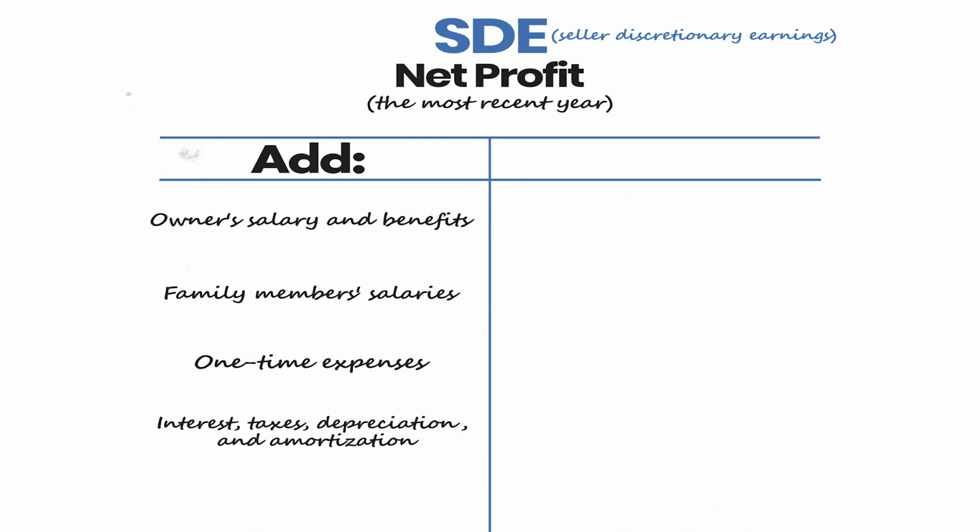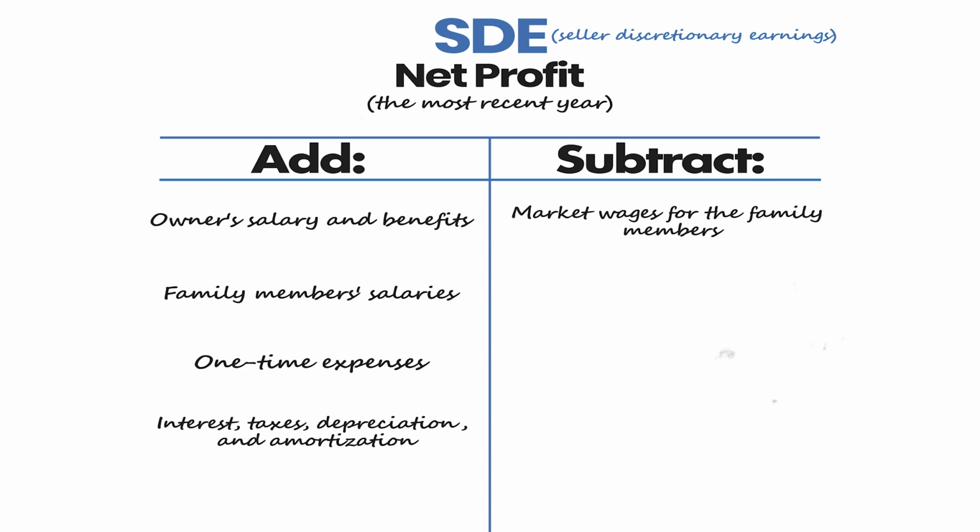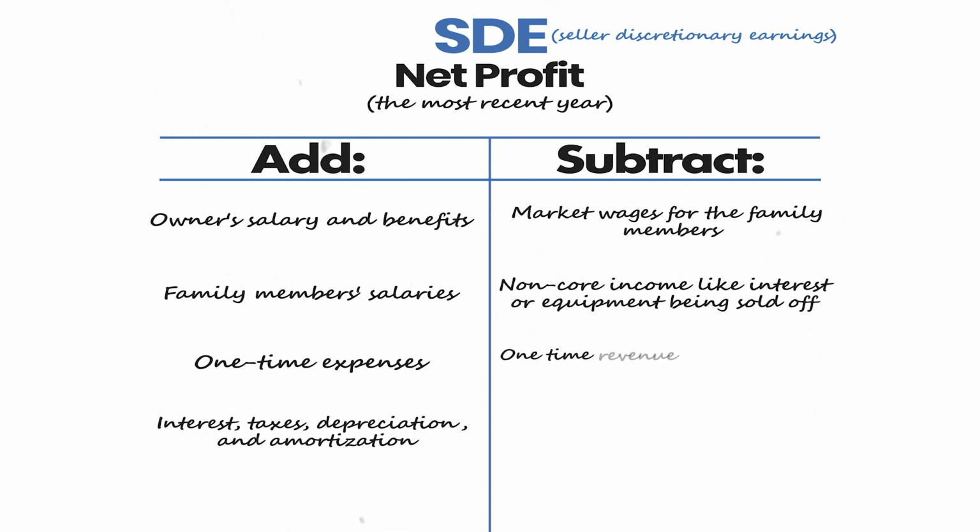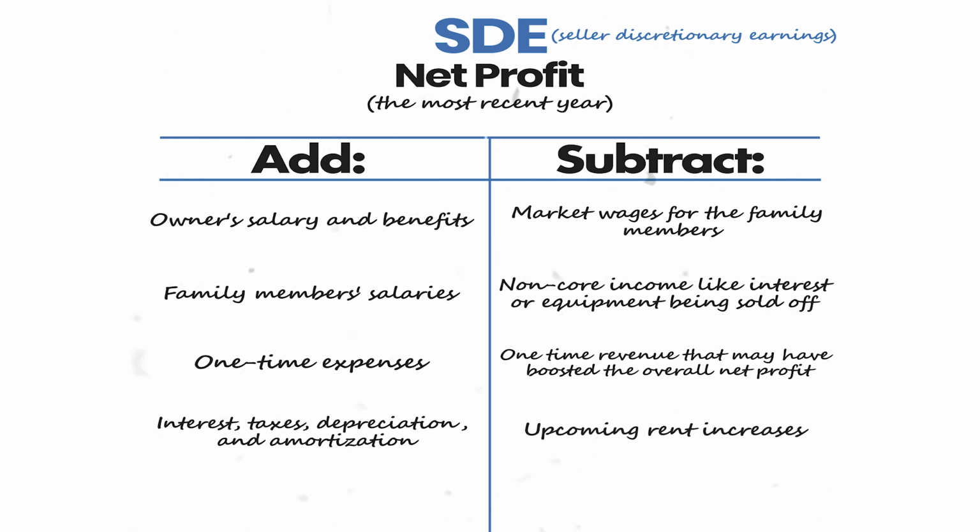Then you want to make sure that you subtract out the market wages for the family members who work in the business, non-core income like interest or equipment being sold off, one-time revenue that may have boosted the overall net profit, upcoming rent increases that you need to factor in, as well as deferred maintenance.